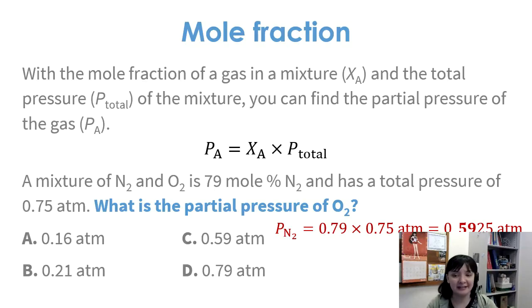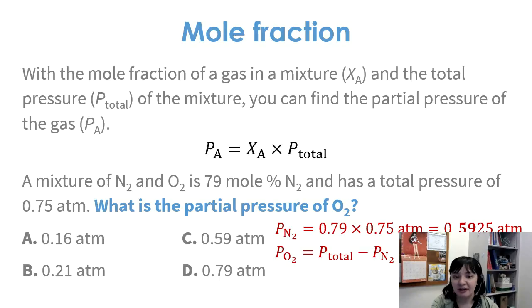From there, the total pressure of my mixture should just be the pressure of the nitrogen plus the pressure of the oxygen. Those two things sum together to give me my total pressure. Rearranging that to solve for oxygen alone, the partial pressure of oxygen is equal to the total minus the partial pressure of nitrogen. Because this mixture is just nitrogen and oxygen, any part of the total pressure that isn't the nitrogen must be the oxygen gas.